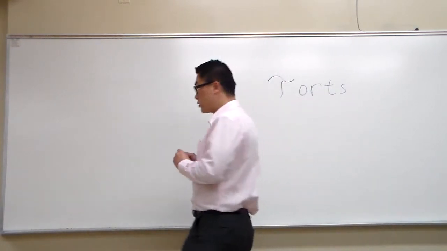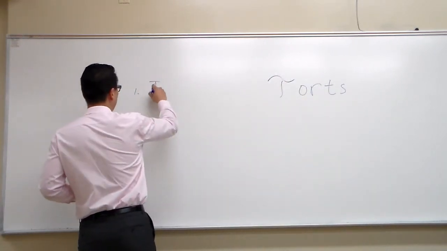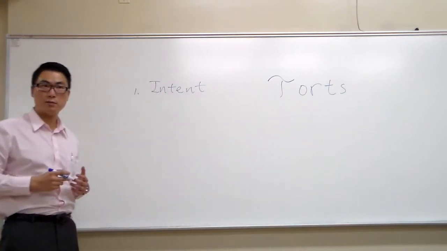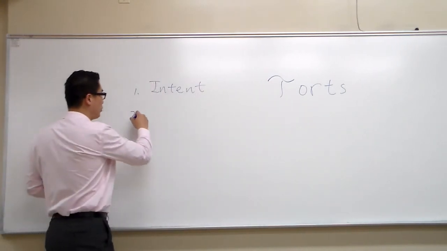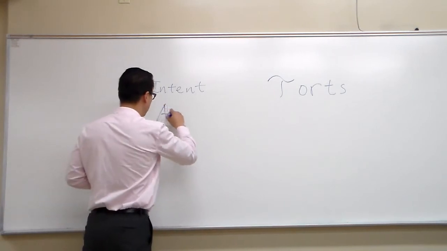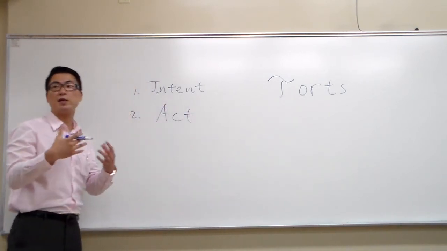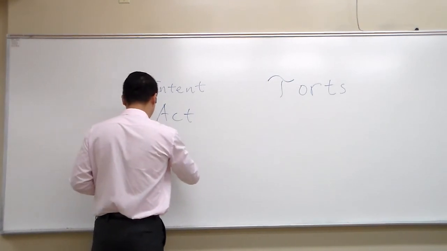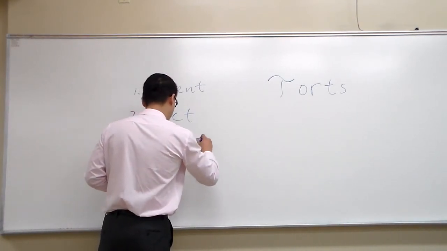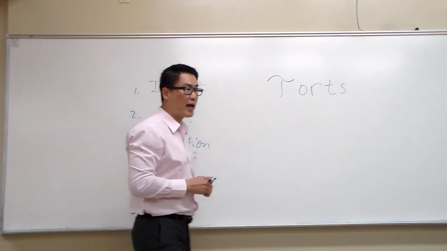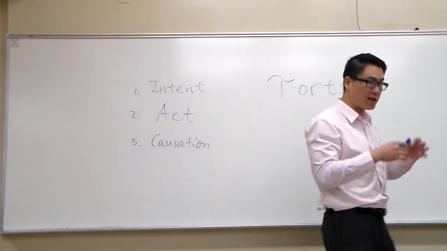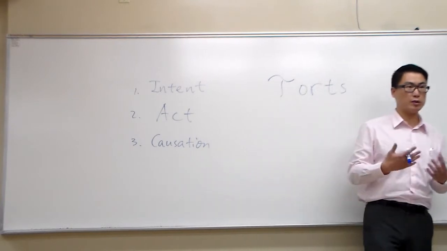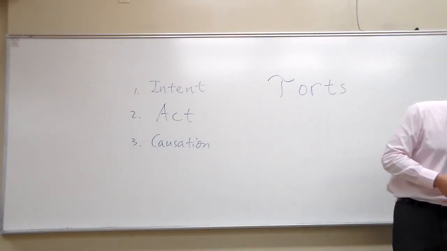Intentional torts usually start with intent. And there will be an act that carries out that intent. And that act with intent, the intentional act, causes some sort of damage or some sort of consequence.